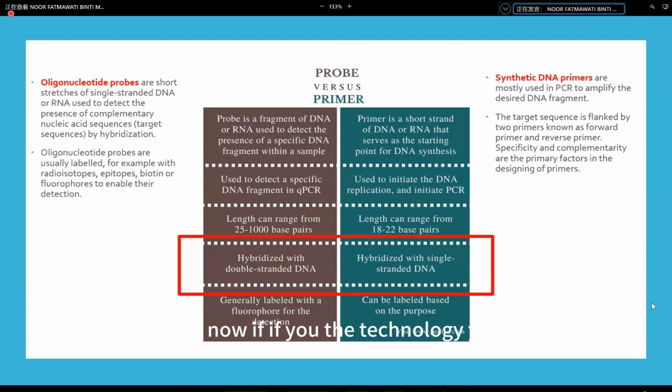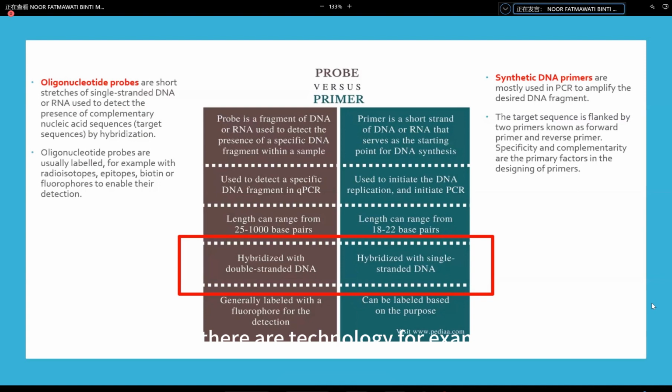If the technology you are using converts your RNA to DNA, then you can use DNA primers or probe, a primer-probe combination.